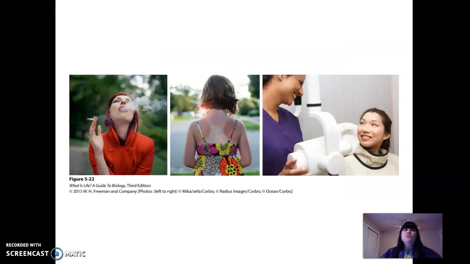What are mutagens, okay? Things that cause mutations. There are things in our environment that can cause mutations. Smoking, definitely. Smoking has, I forget how many carcinogens, those are cancer-causing chemicals. Lung cancer. If you think of the number one killer in the United States, it is cardiovascular disease, so heart problems.